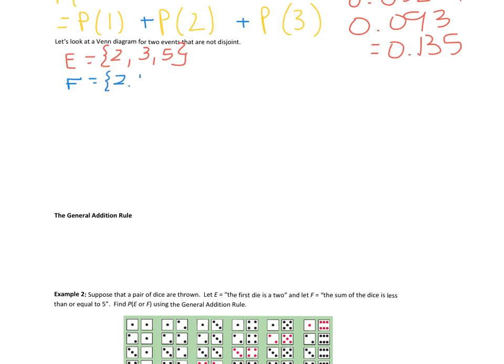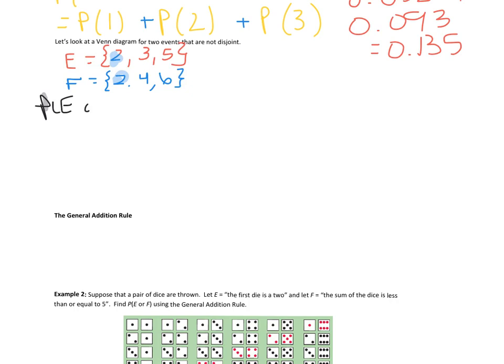Do you see the outcome that is in common? The 2. So these events are not disjoint. They have that outcome in common. Now we would want to know what's the probability of E or F occurring.